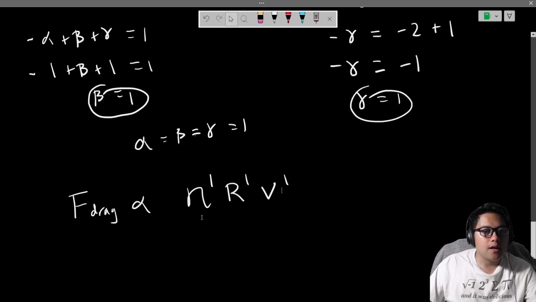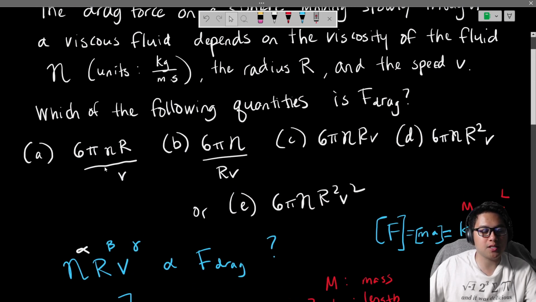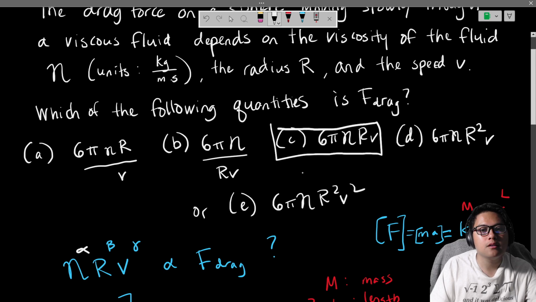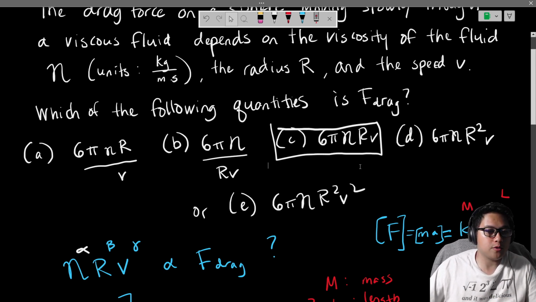And so if we look at the answers given in this multiple choice, we need something that has all the powers to positive 1. Looking at all the possible answers here, there's only one answer that has eta, r, v all raised to just the 1 power. Everywhere else you see something is either squared or has a negative power because it's in the denominator. So you can easily tell it is just C as the quantity that represents the drag force.